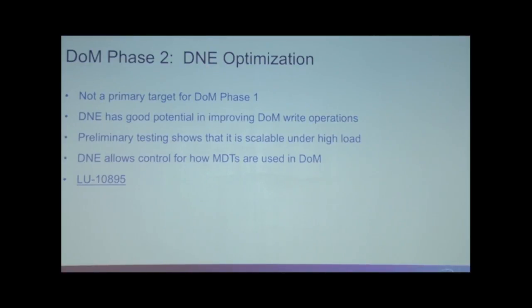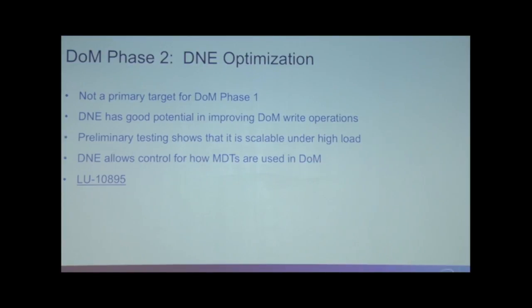Notice that it says DNE optimization and not integration. It is integrated. DOM will work with DNE out of the box in phase 1. We did run it on this test bed, and we saw some interesting results. The testing we had with all NVMe wasn't really a good test to rely on for DOM plus DNE scaling, because the servers weren't under load.